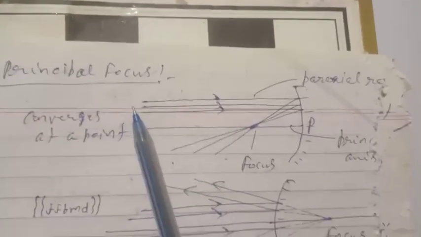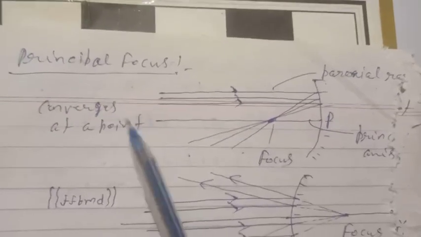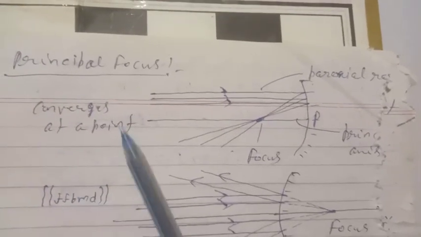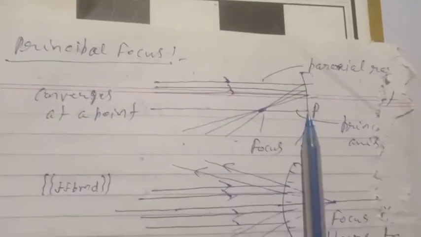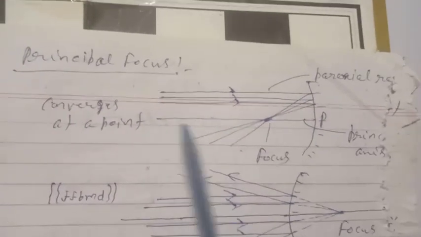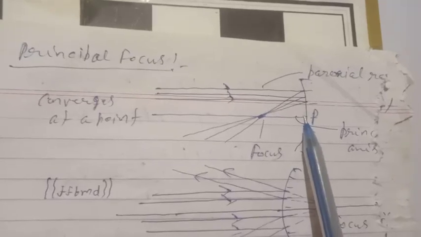Now, principal focus. This is a reflecting surface or a mirror, and this is the principal axis. This is the pole of the mirror.